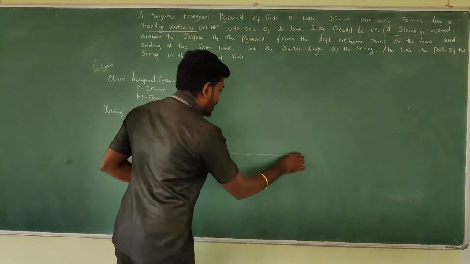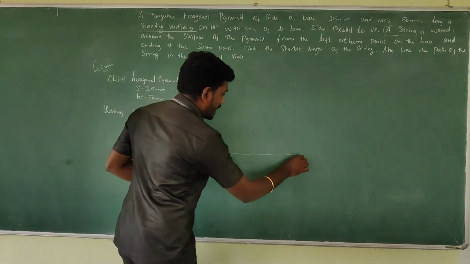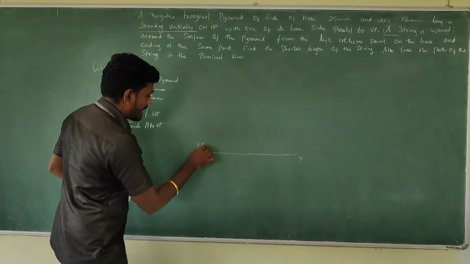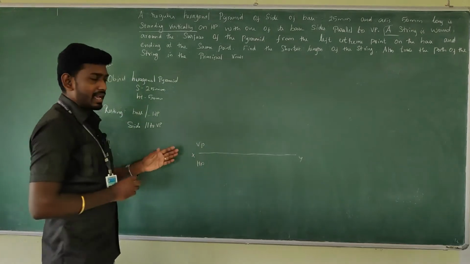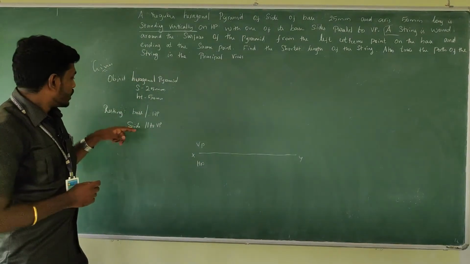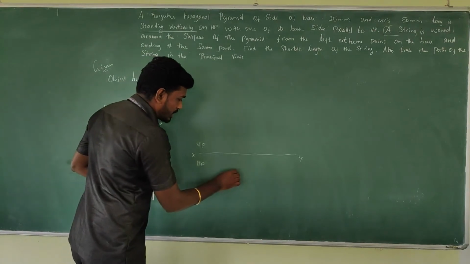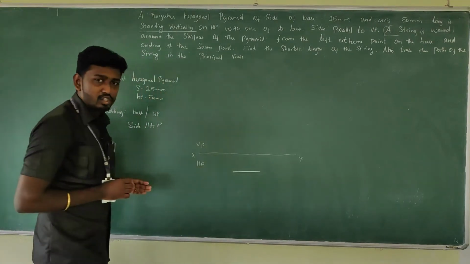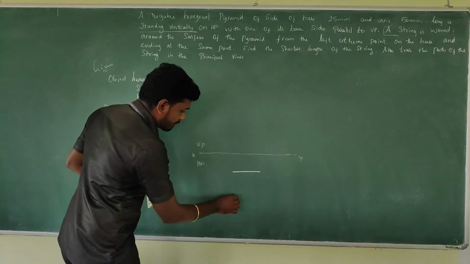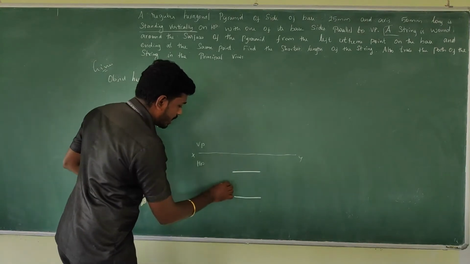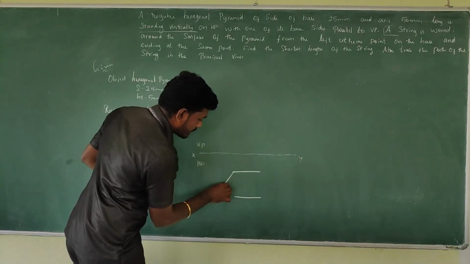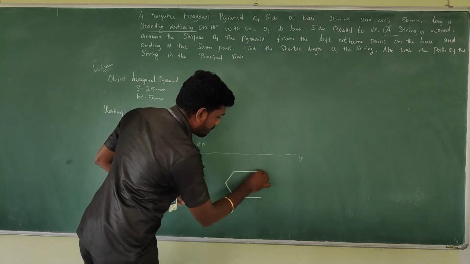First, start with the reference line XY: above it is VP, below it is the horizontal plane, HP. With the side parallel to VP, I need to keep one of the sides parallel to VP. So this is how the hexagon will form.